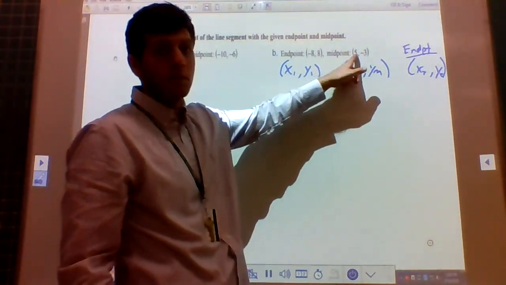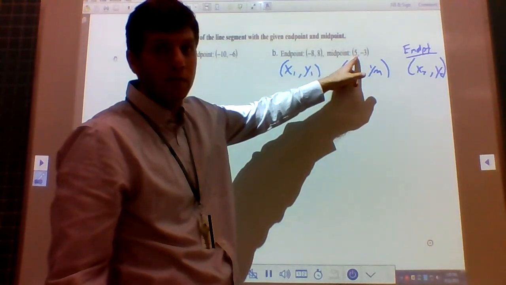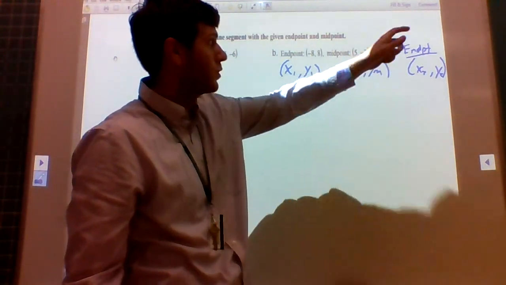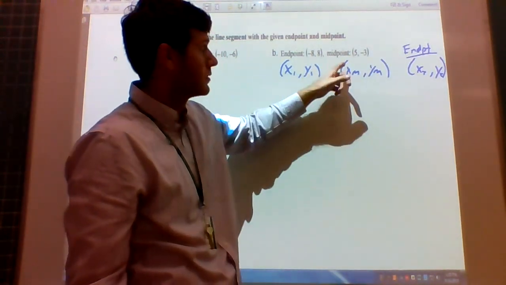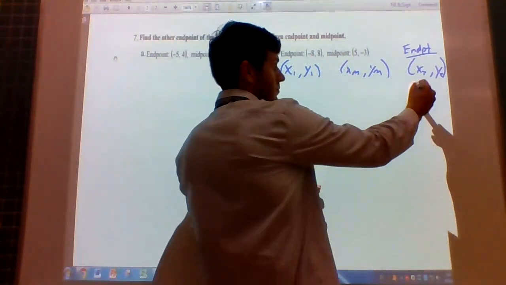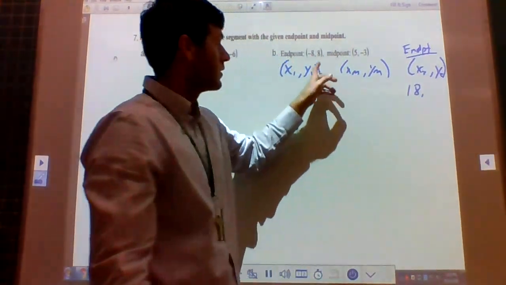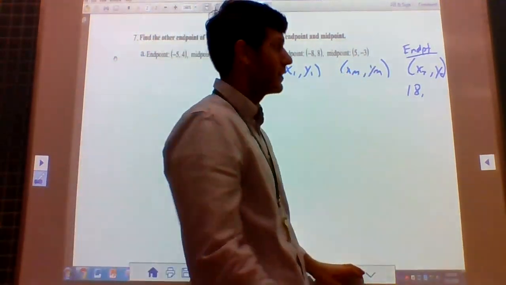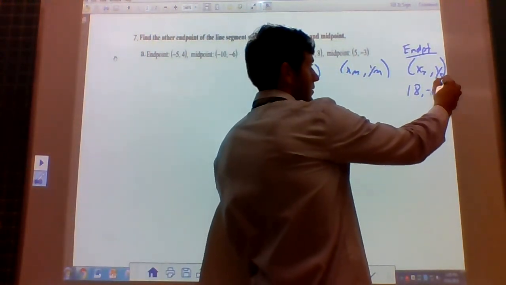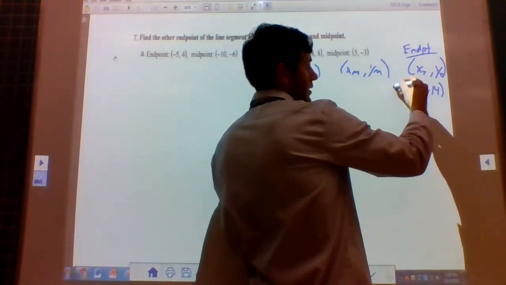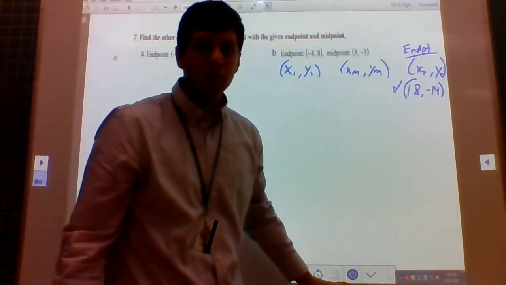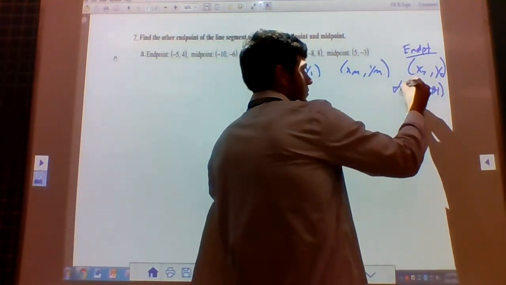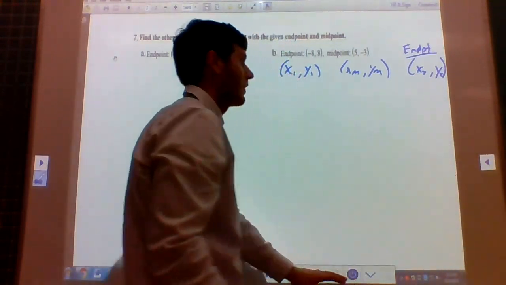This is 13 to the right: -8 to 5 is 13. Go 13 more, that's going to be 18. 8 to -3 is 11 to the left. Go 11 more to the left, that's going to be -14. So that should be our answer right there. But let's use the equations and make sure we get that.